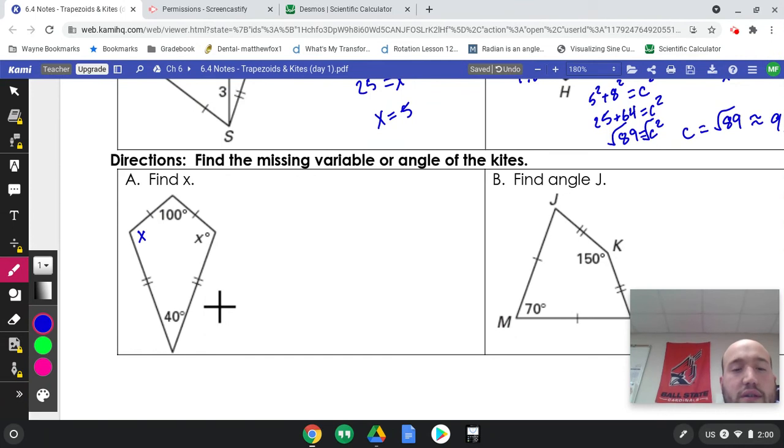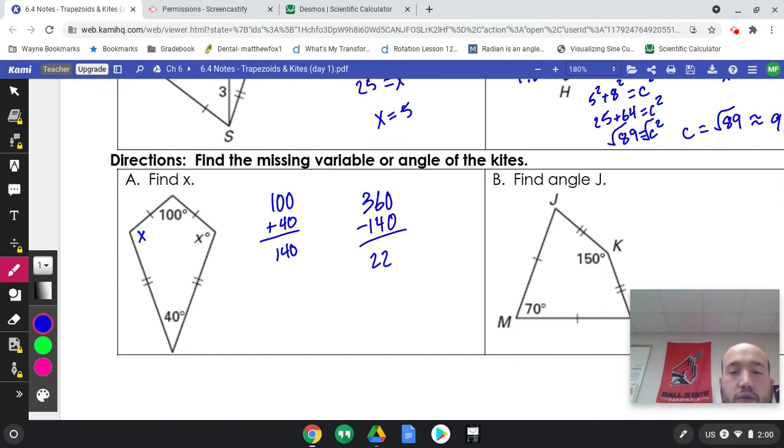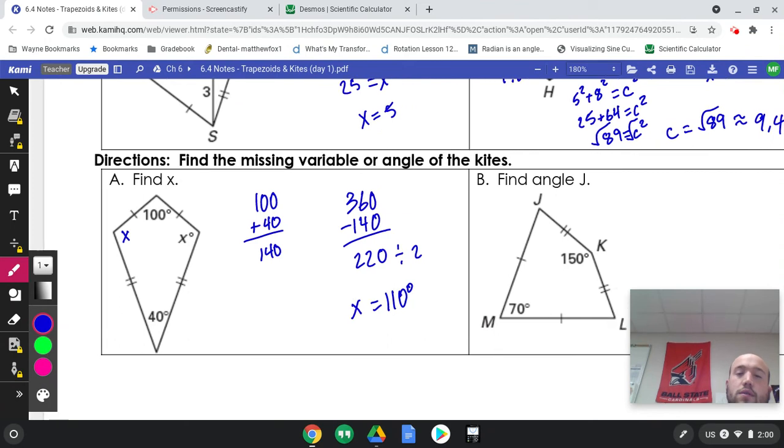Okay, so it's 360 for every quadrilateral. So 100 plus 40, that gives us 140. We take that away from 360. So we get 220, and we can divide this by 2. We will find X to be 110 degrees.